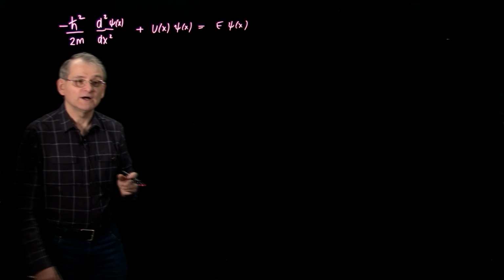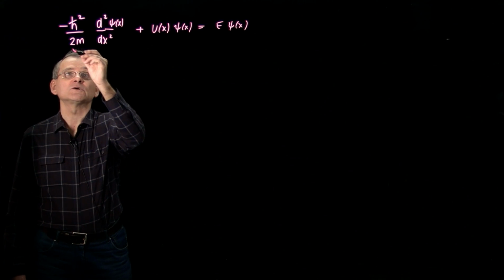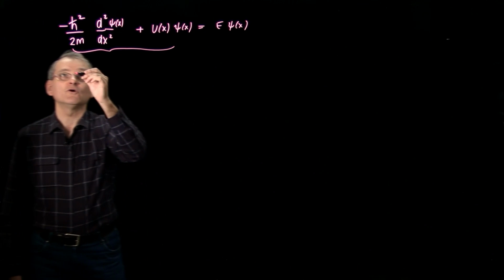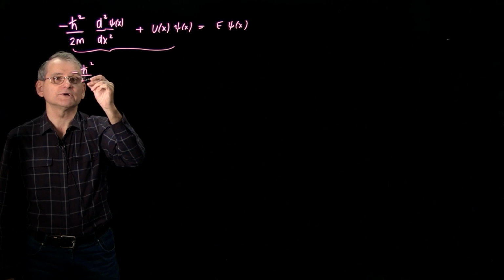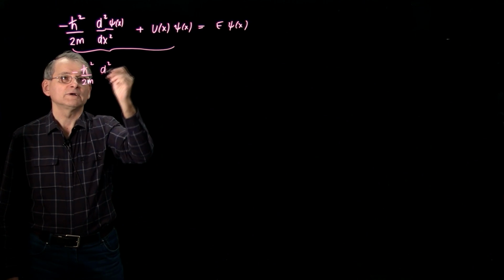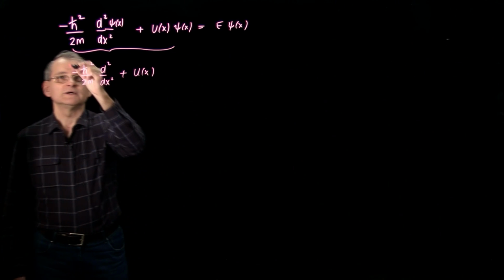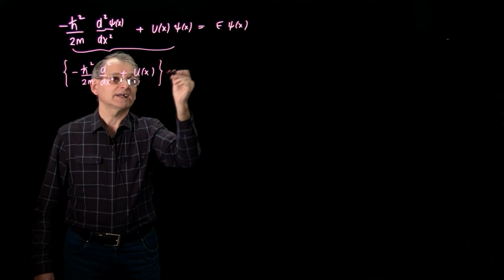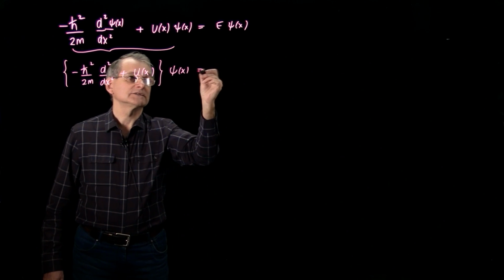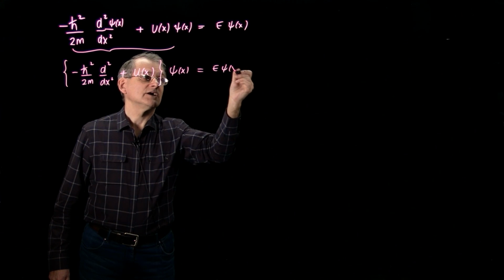Now, I just want to reiterate that we can write this here in a slightly different form. If I write this as minus h bar squared on 2m, the second derivative, plus U of x, let this act on psi of x, I get E psi of x.